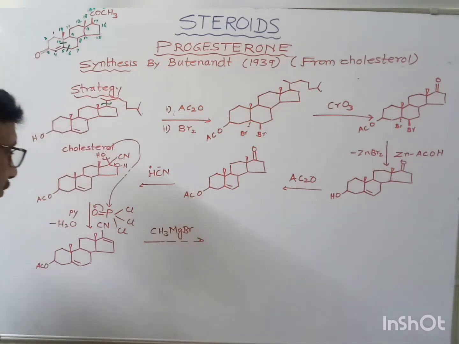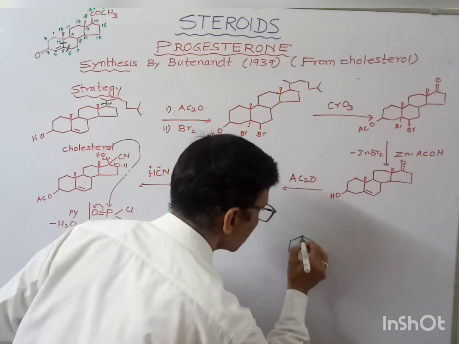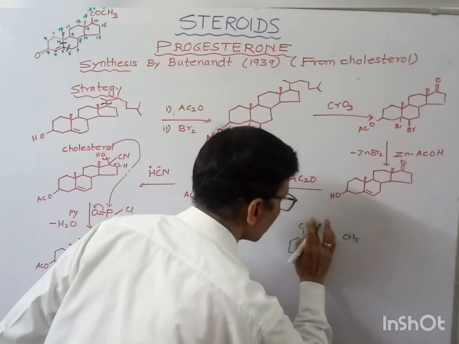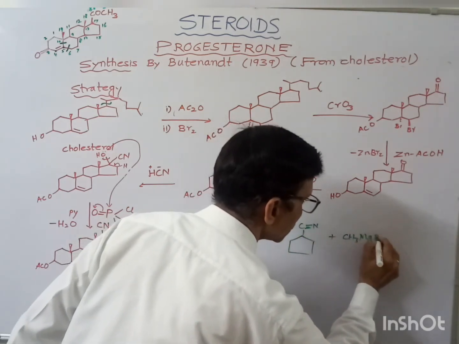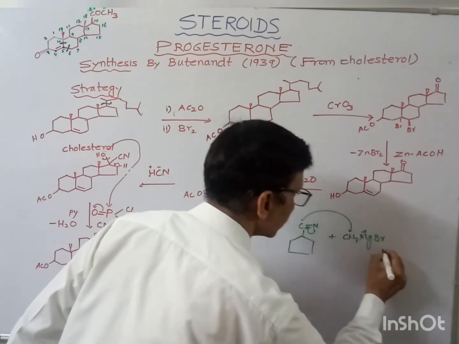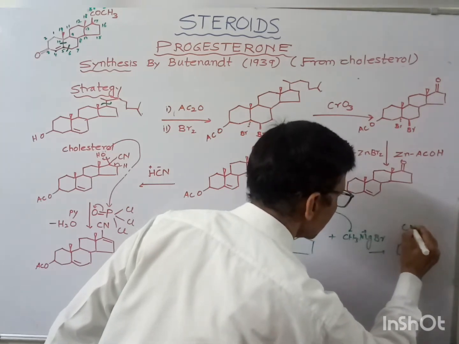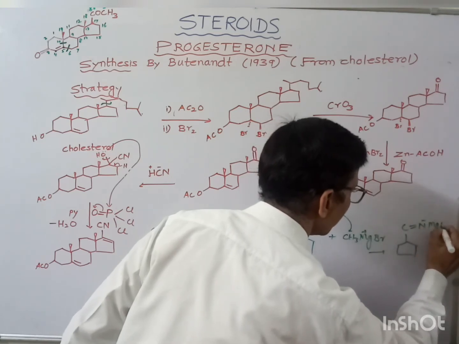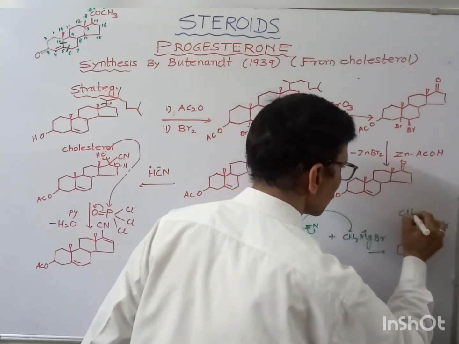If we have a CN over here, we may write the triple bond, and CH3MgBr, with this plus and this minus, and it will give C double bond N minus MgBr, and one CH3 is present over here.